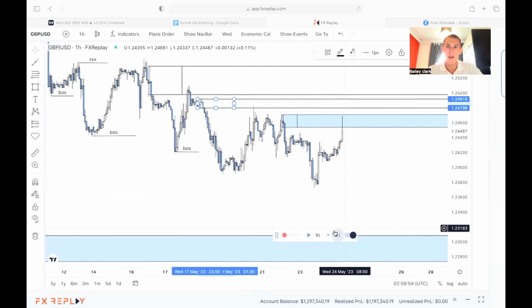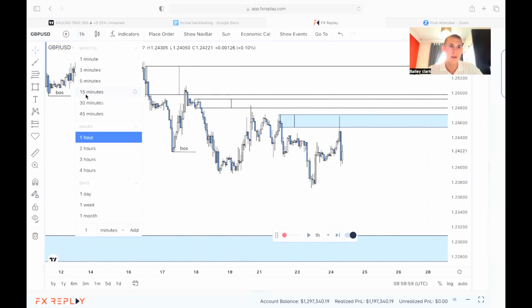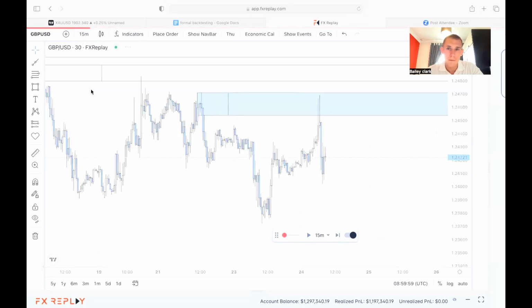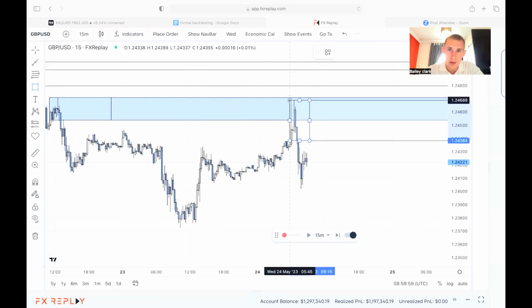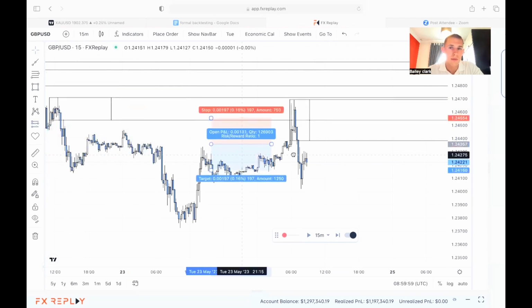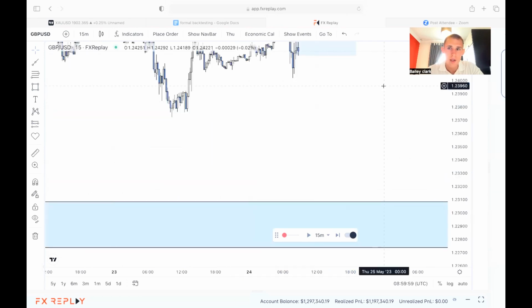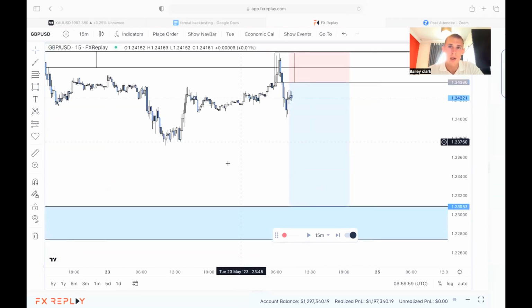See if we get an entry here. Go, nice reaction. See if we retest this zone. And for this, we can just target that 4-hour zone where we think price is going to go.